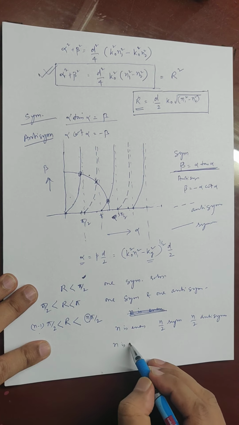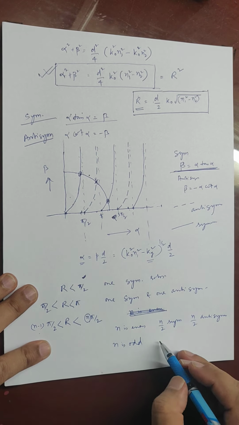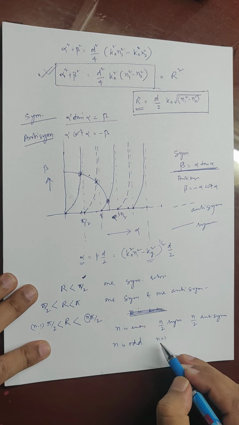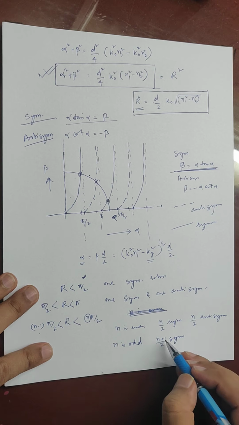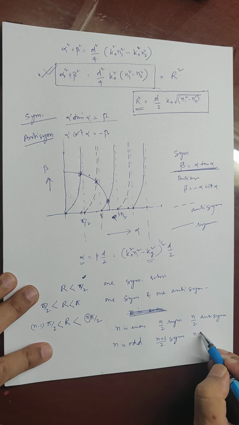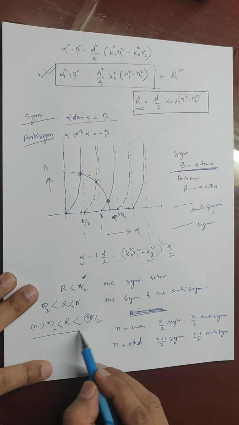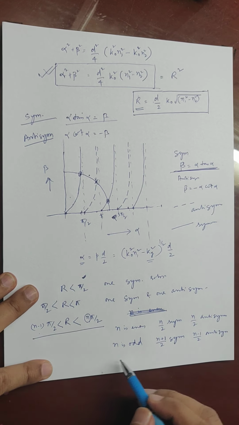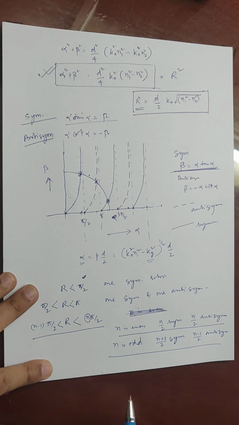And if n is odd, then n plus 1 by 2 symmetric and n minus 1 by 2 antisymmetric. So r would decide how many symmetric and how many antisymmetric solutions there would be.